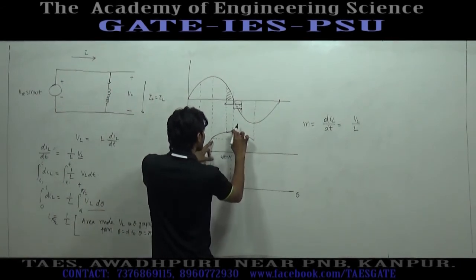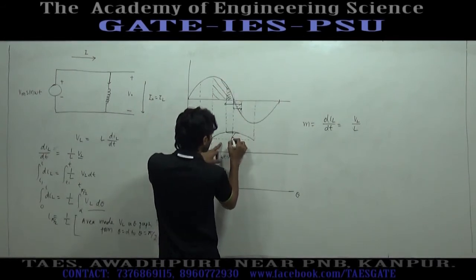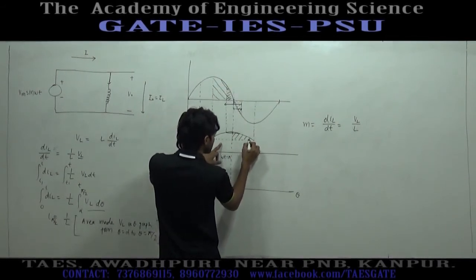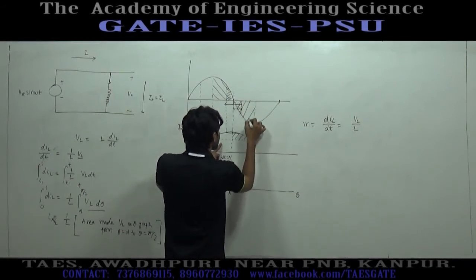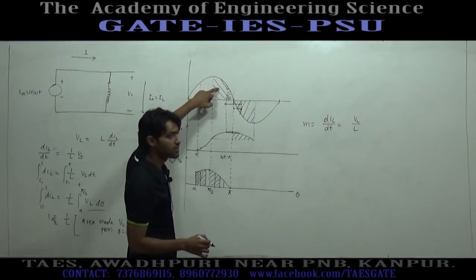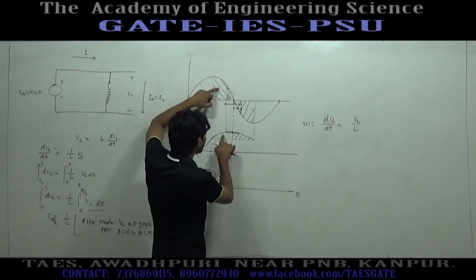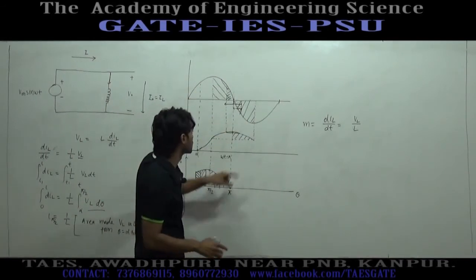This much change in current is corresponding to the area made by this much voltage graph. Hence, in this interval the area made by the voltage graph is the same as the area made by the voltage graph in this interval. So, the increase in current in this interval is equal to the decrease in current in the next interval.